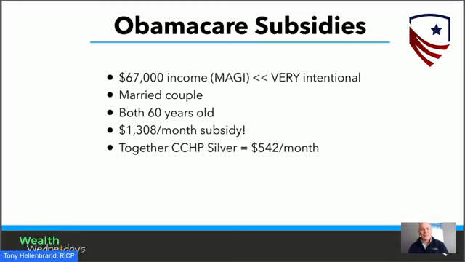But that plan, Together Silver Plan, is $542 a month. Pretty reasonable, right? You have two 60-year-olds married, $67,000 of income, $542 a month. What happens if they own a mutual fund and that mutual fund kicks out a 3% capital gains distribution?